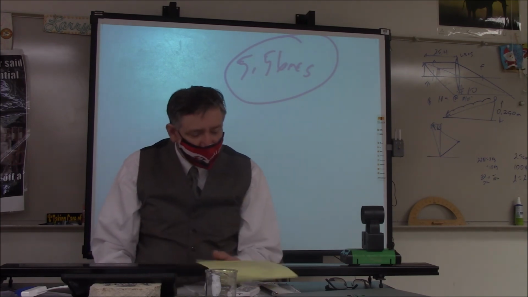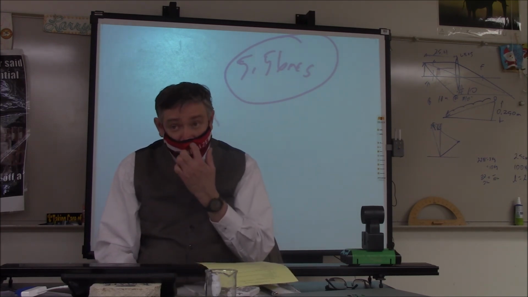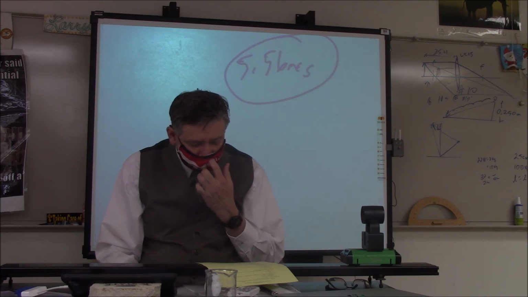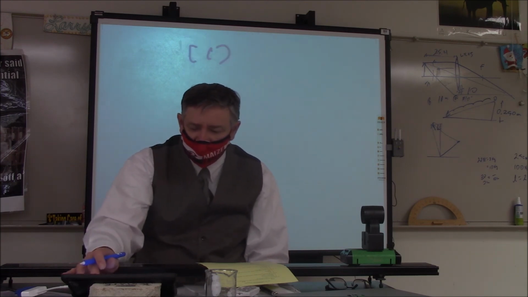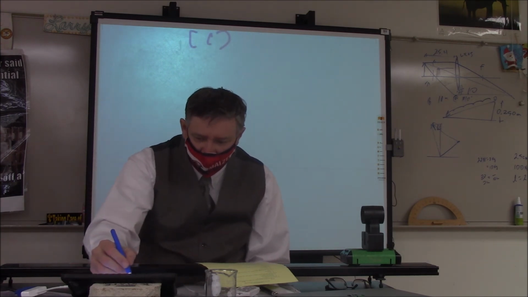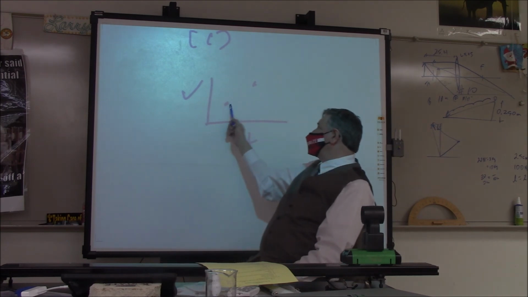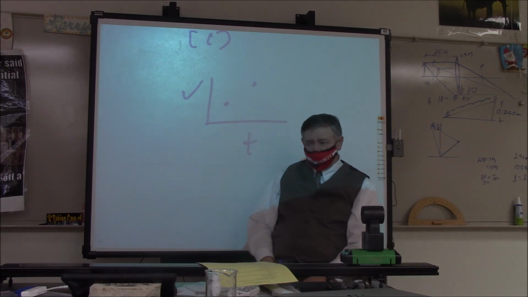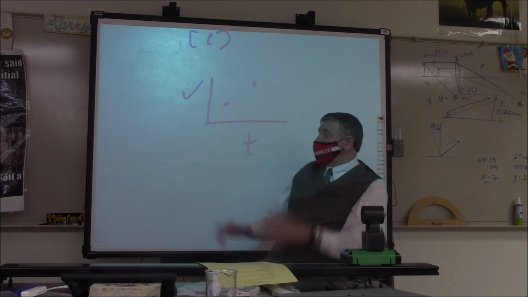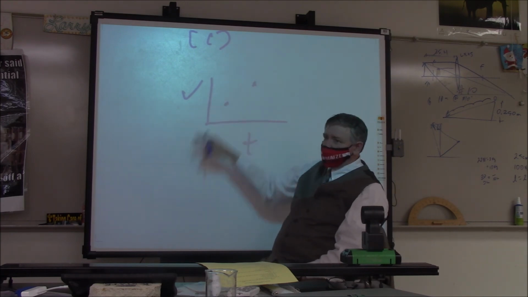Now, when you get to number 10, this is the space shuttle that's being launched, and I'm going to tell you to make a sketch of a velocity time graph. Basically, you're going to have 2 points on this velocity time graph. All I'm asking you to do is find the slope of the line.